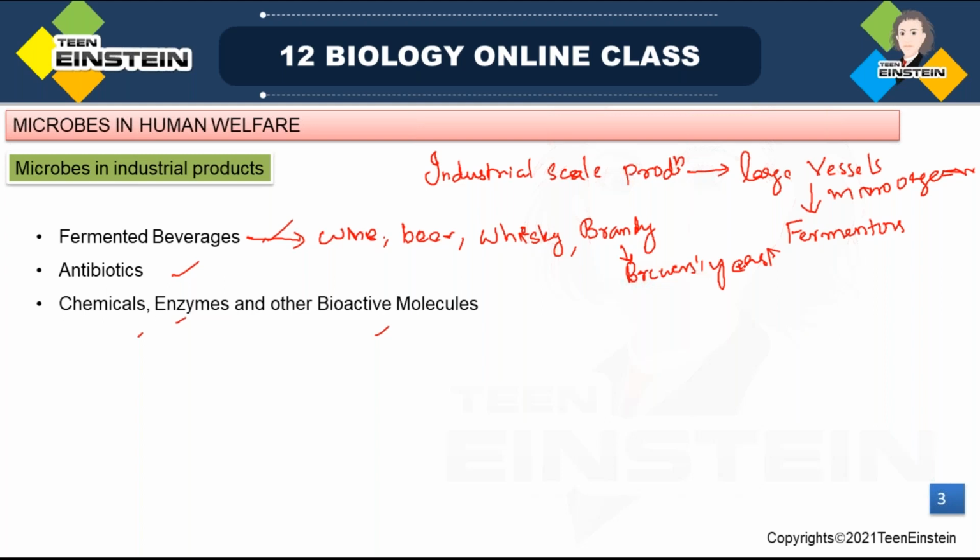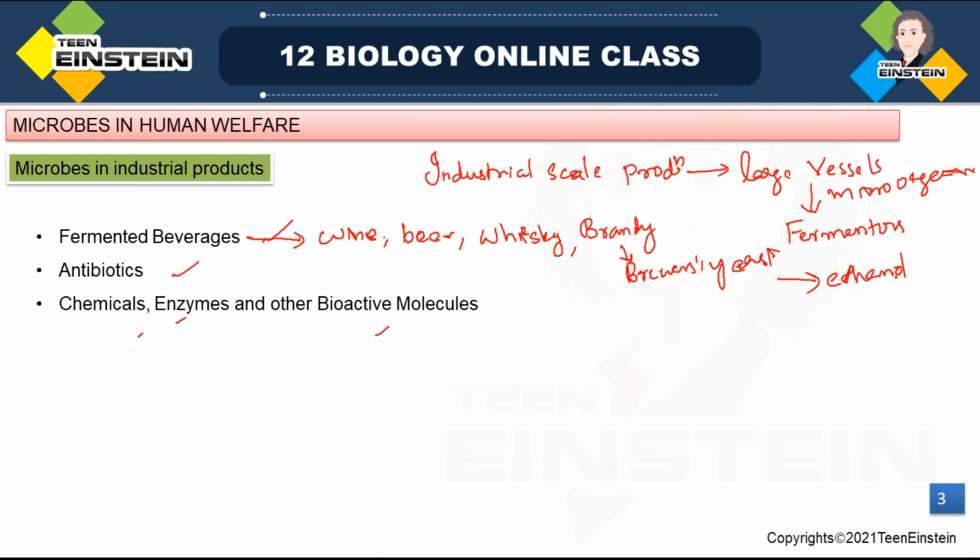For this, they are using the same yeast, Saccharomyces cerevisiae, which is used in bread making, and this is commonly called brewer's yeast because this is used for fermenting malted cereals and fruit juices. What are they producing after fermenting? Ethanol. Okay, ethanol is getting produced.